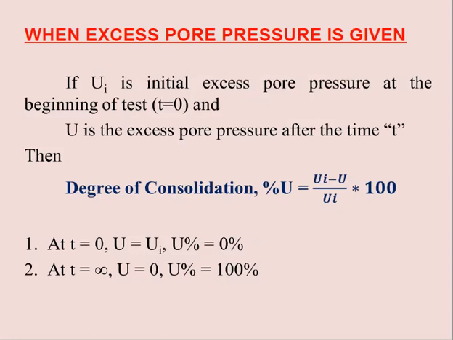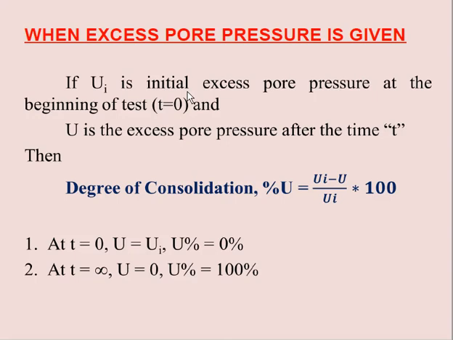Third one, the last one, when excess pore pressure is given. For that, if ui is the initial excess pore pressure at the beginning of the test, that is t is equal to 0. We have discussed what pore pressure or pore water pressure is: it is the pressure exerted by the water which is existing in the voids.